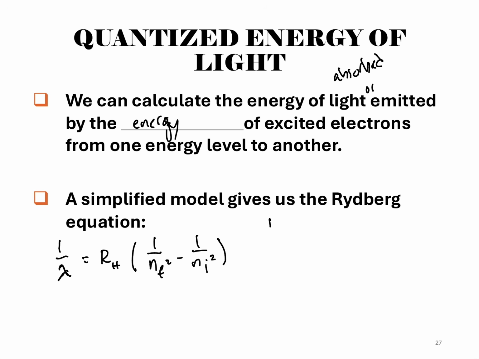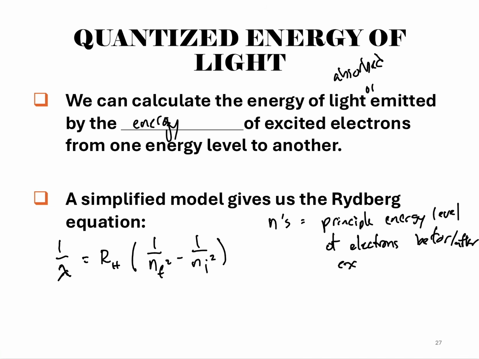And what are these n's? These n's are the principal energy level of the electrons before and after excitation.